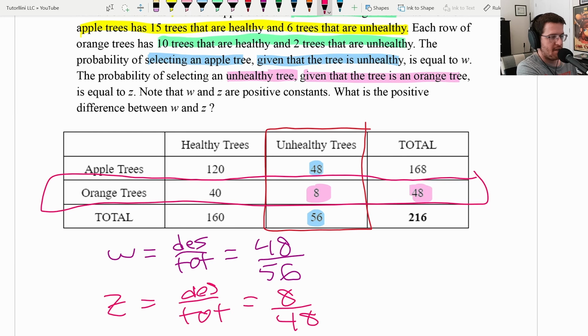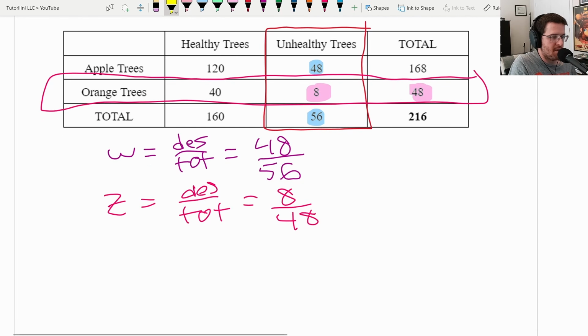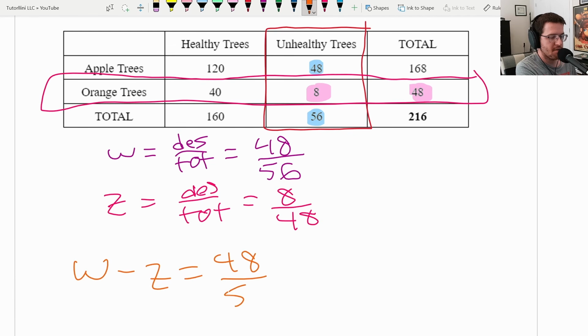Now it wants us to find the positive difference between those two numbers. So the bigger one is W, so we will do W minus Z. That's 48 over 56 minus 8 over 48.